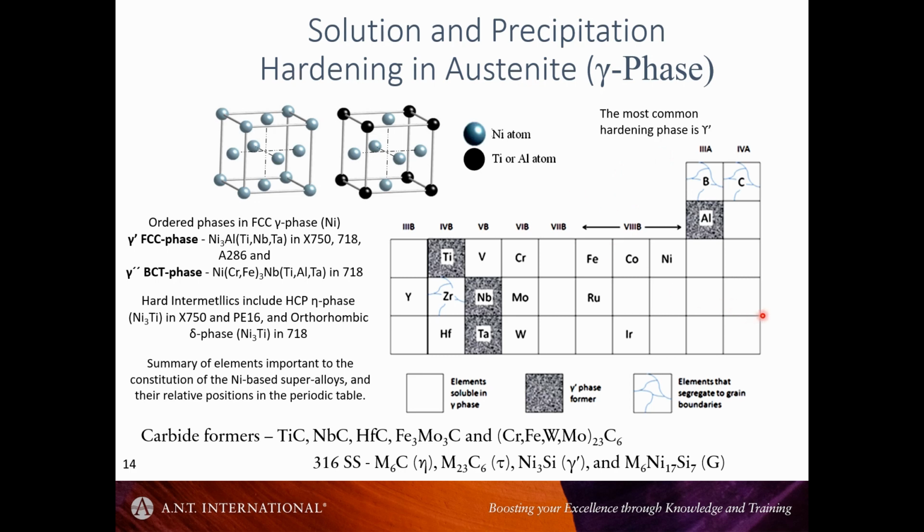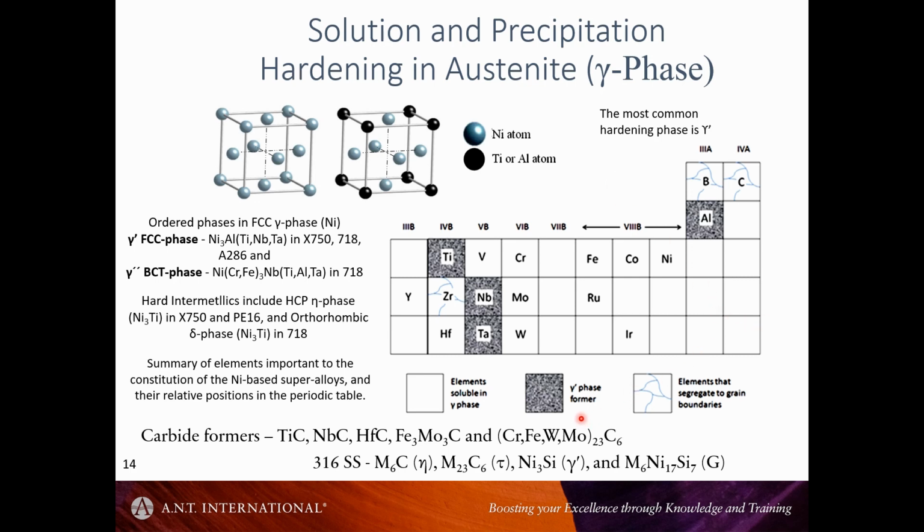But this section of the periodic table also gives you an idea of some of the other elements that one is dealing with when it comes to either solution or precipitation hardening in nickel alloys and austenitic stainless steels.